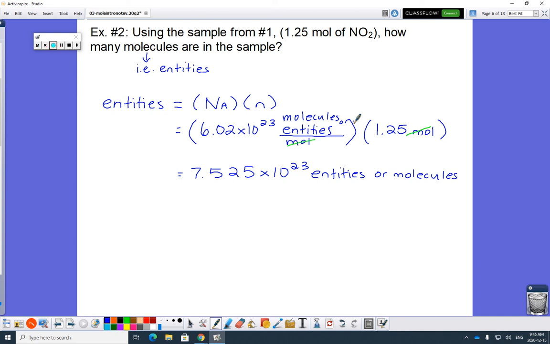Because when you don't use the scientific notation button, depending on how you type it in, your calculator might do 6.02, but then times 10 to the 23 times 1.5, and it messes up the exponent on the scientific notation, especially when you divide, and you'll get answers like 2.1 times 10 to the power of 47, and you're like, what the heck? That does not make any sense. So you either need to use brackets around the scientific notation number or use the button on your calculator.